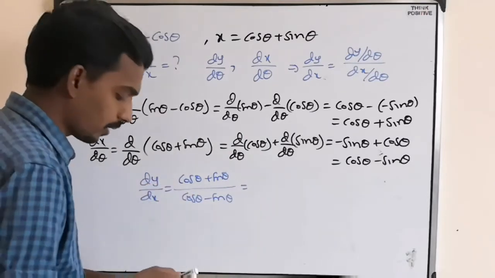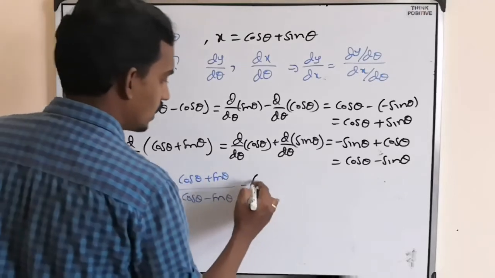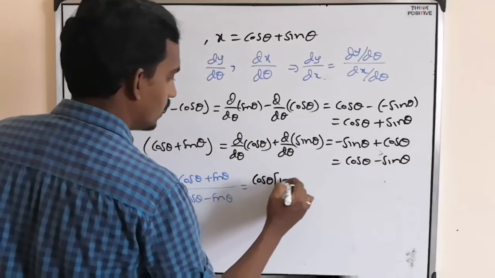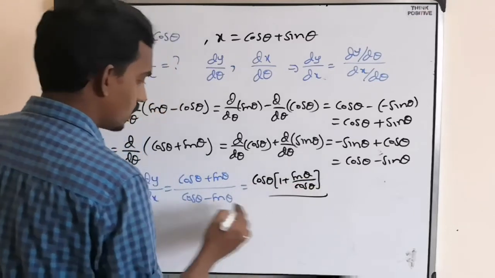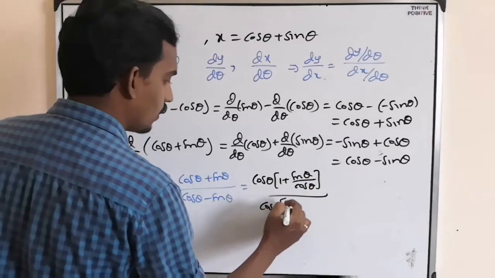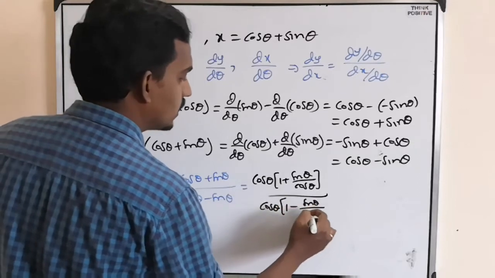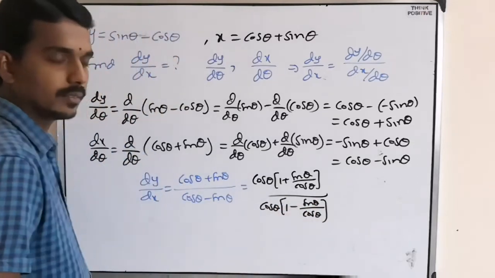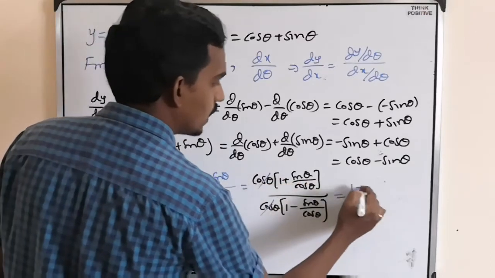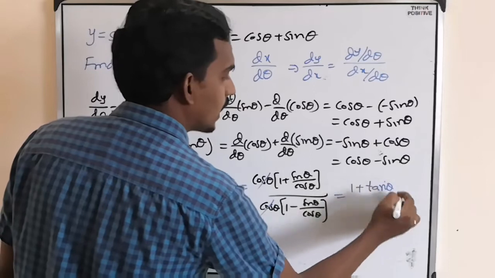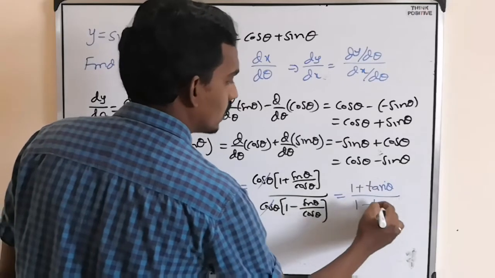You can even simplify further: if you take cos theta common, 1 plus sin theta by cos theta, and here also cos theta common, 1 minus sin theta by cos theta. Then cos cancels, and sin by cos is tan theta, giving 1 plus tan theta over 1 minus tan theta.